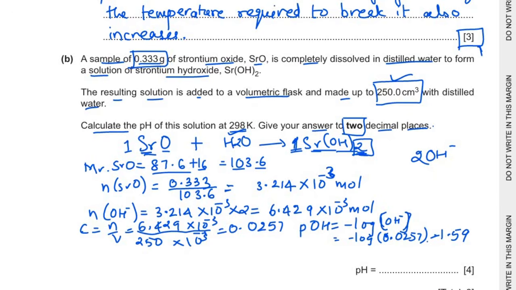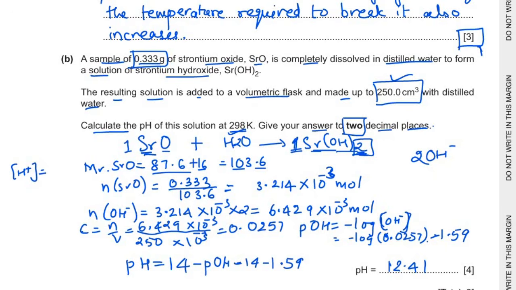Now that is the pOH. Now if we want to find the pH, we have directly 14 minus pOH, that is 14 minus 1.59, which is equal to 12.41 pH.